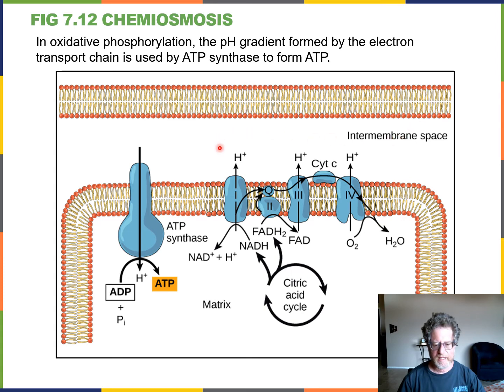They say this is where H positive builds up in the intermembrane space. This is where the citric acid cycle takes place in the mitochondrial matrix. And they're trying to show you everything together. Here's where the H positive is generated. It flows back through, and most of our ATP gets made in oxidative phosphorylation.